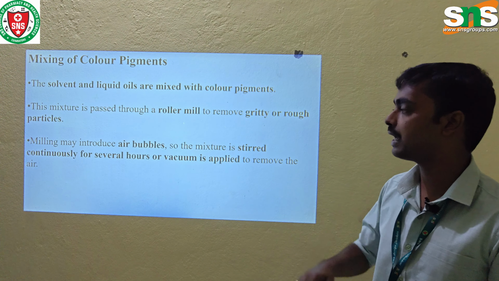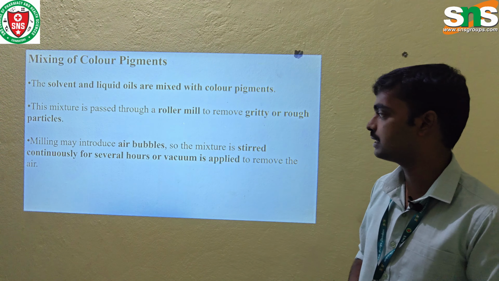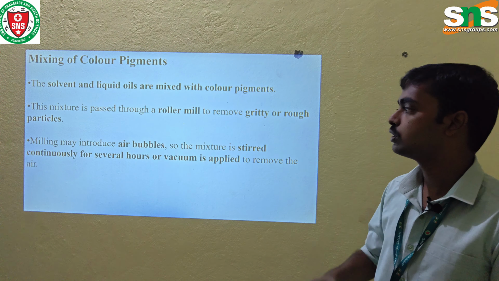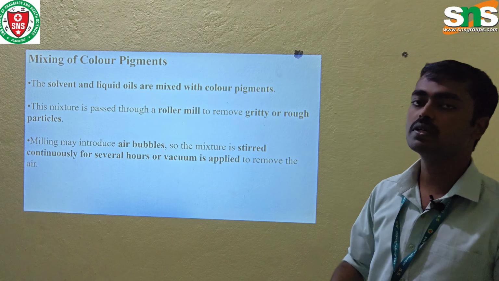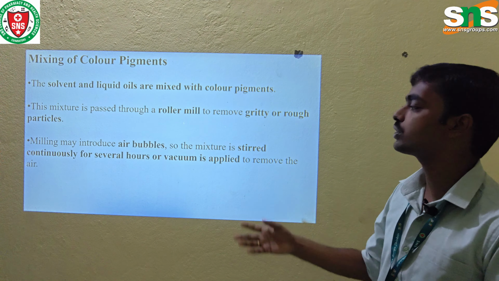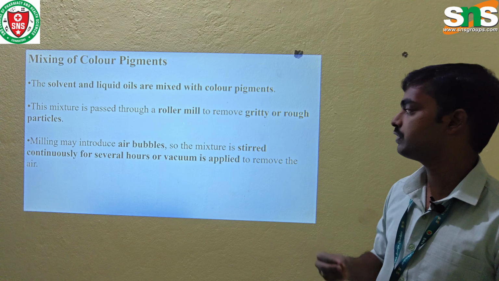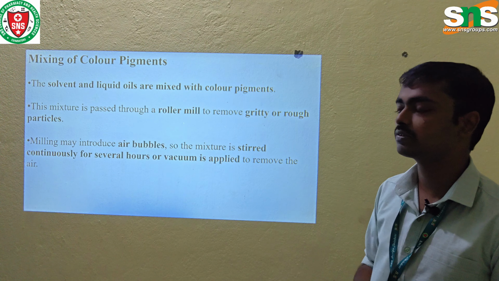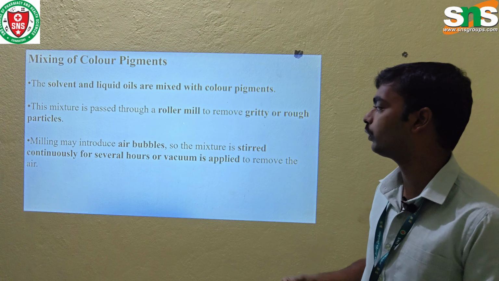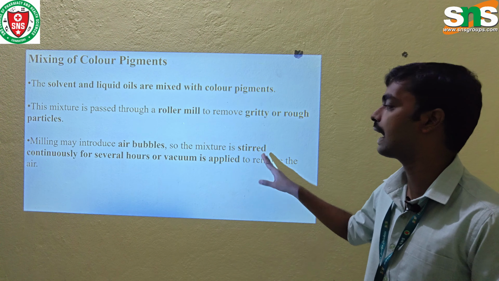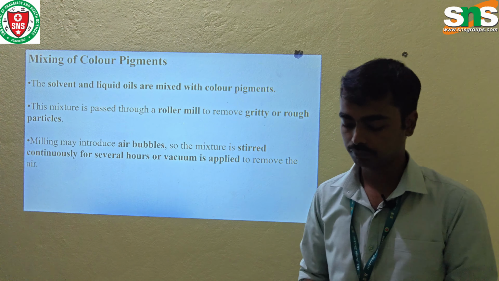Mixing and milling may introduce air bubbles, so the mixture is stirred continuously for several hours. Any bubbles are then removed by applying a vacuum, and once the vacuum is applied, the air is completely removed.